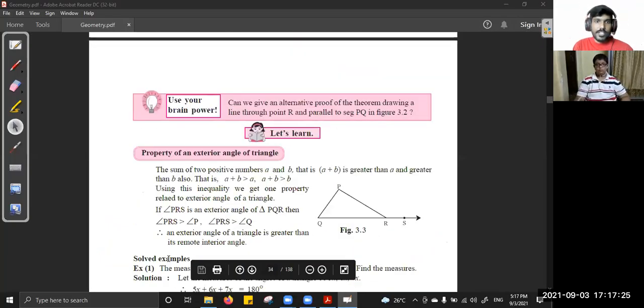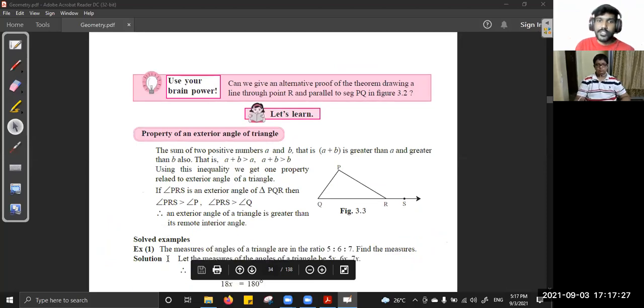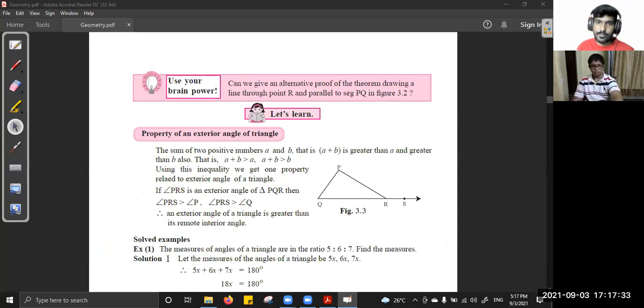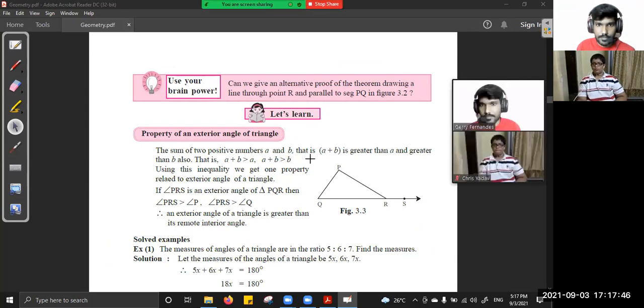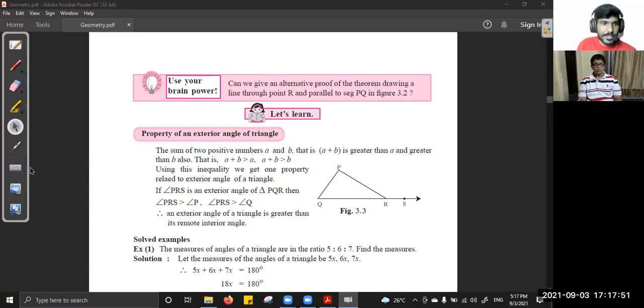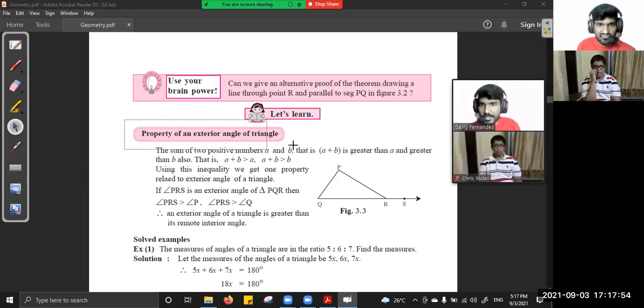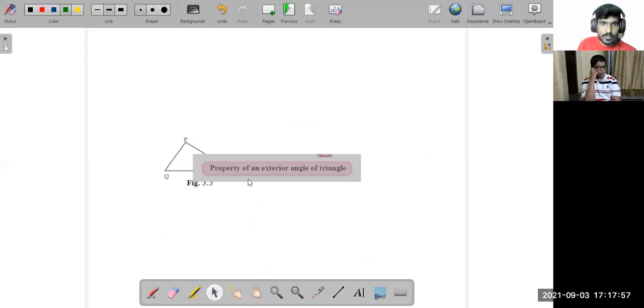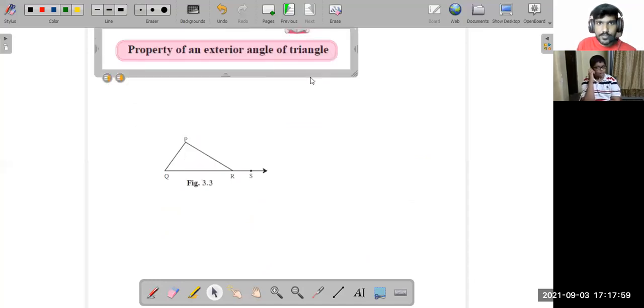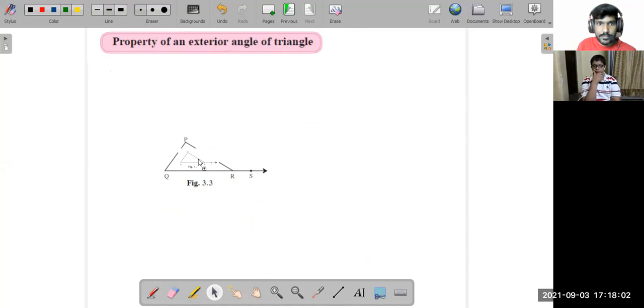The second property we'll see is called the property of exterior angle of a triangle.